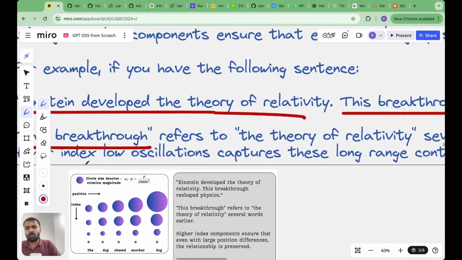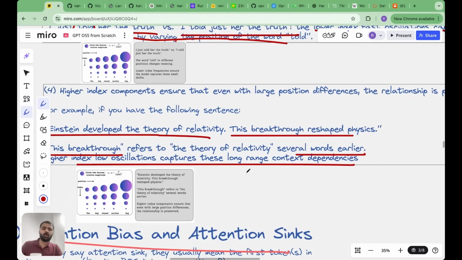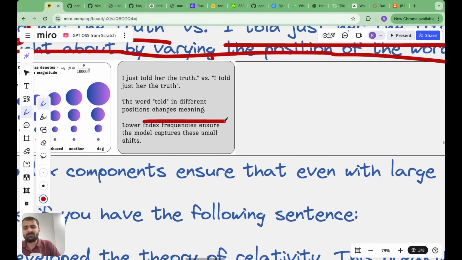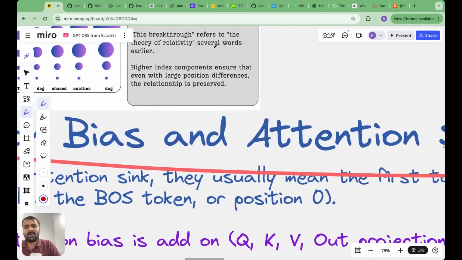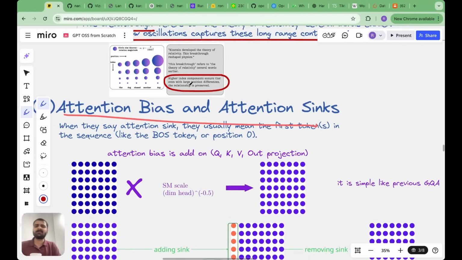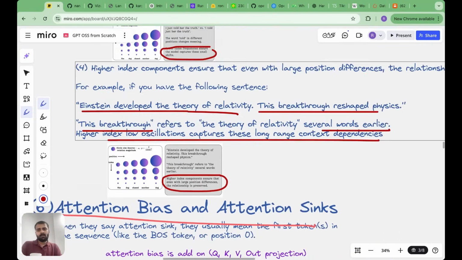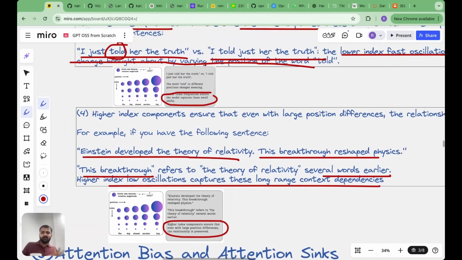So higher index slow oscillations capture long range context dependencies because they don't oscillate very quickly. Some key points to note: lower index frequencies ensure the model captures small shifts, and higher index components ensure that even with large position differences, the relationship is preserved. So that's why smaller shifts are captured and larger shifts are also captured.